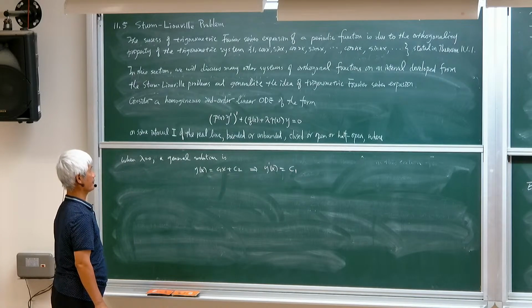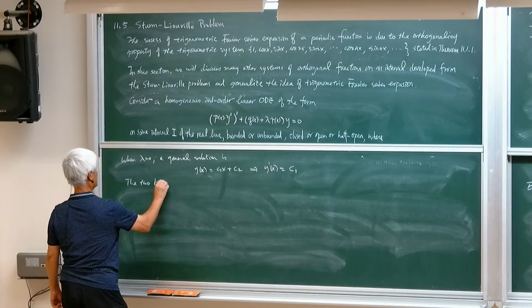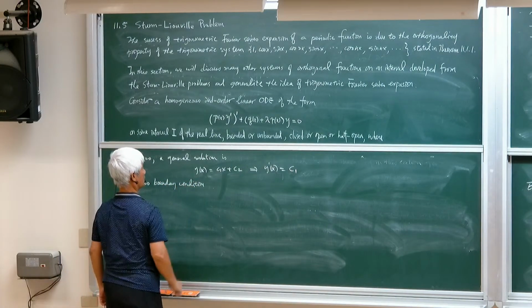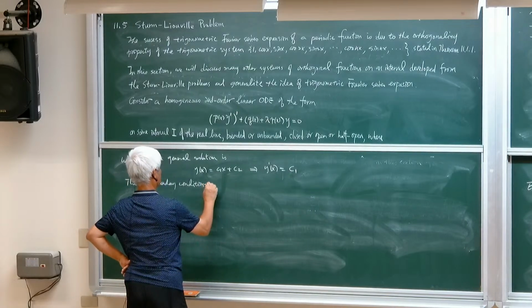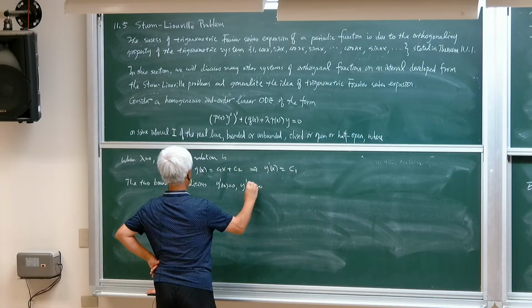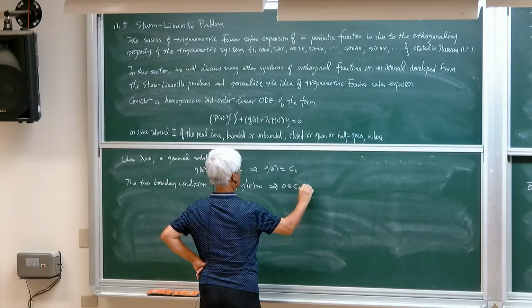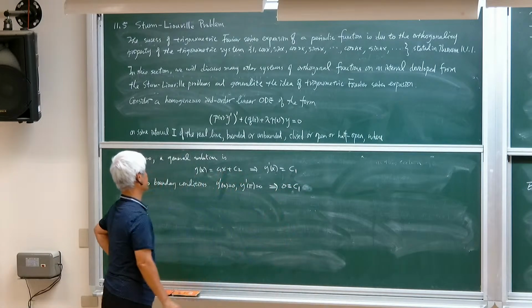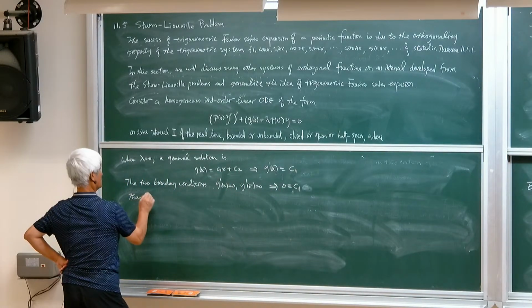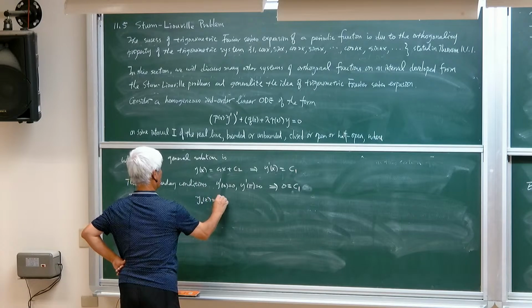And the two boundary conditions, y prime 0 is 0, y prime pi is 0, imply that 0 is equal to C1. So C1 is 0, and then y_0(x) is 1.